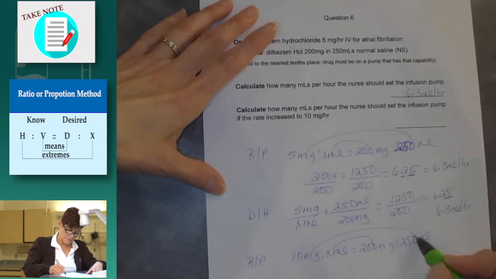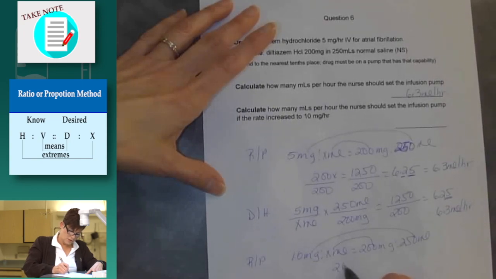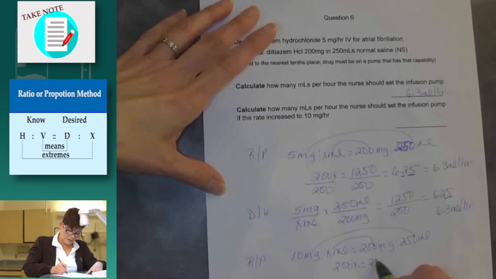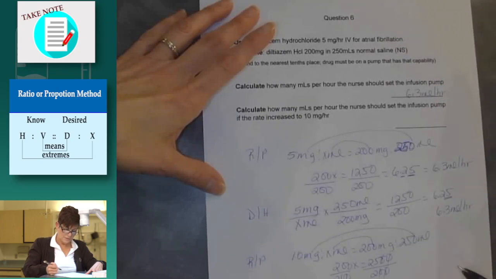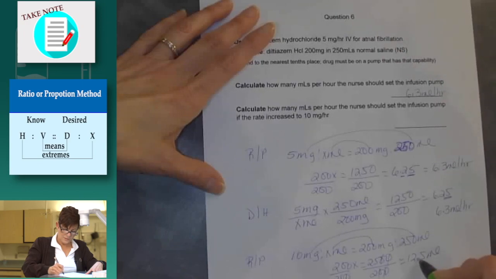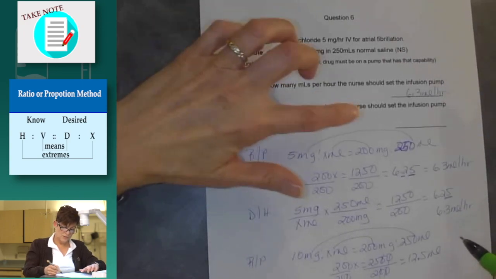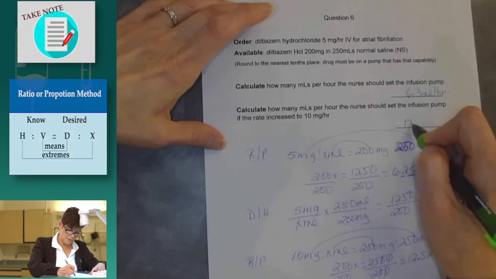Again, means times extremes. So it's 200x equaling 2,500. Dividing by 200, and again, cross off your zeros, which gives us 12.5 mLs. That would be the answer for the second portion.